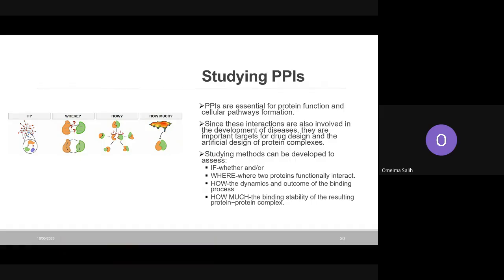So this is one of the questions you need to ask so that you can select your method. And how dynamic is this interaction, so the binding stability of the protein complex. Is it permanent? Is it transient? Because again, selecting the method of studying a protein interaction depends on asking these questions: if it is evident, where, how, and how much the dynamic or the stability of this protein interaction.